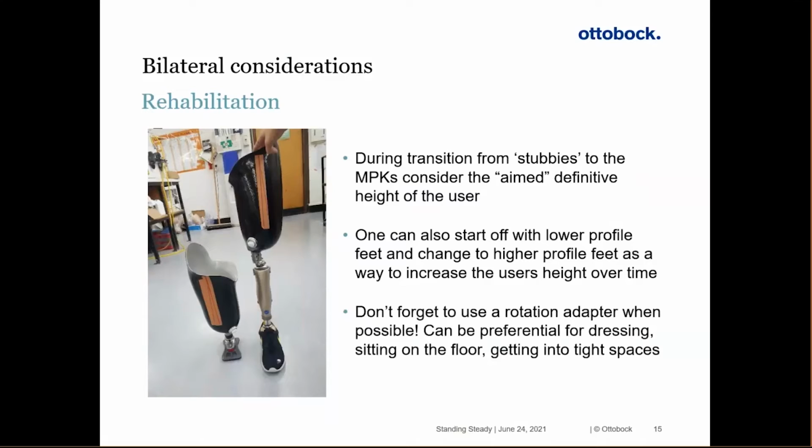The one thing about the rotator is it's great for donning clothing, putting on shoes, sitting on the floor, getting into tight spaces, maybe in and out of vehicles, but they can manage to do that without it as well. There are plenty of bilateral users that don't use one successfully, but it's definitely an option and worth considering.